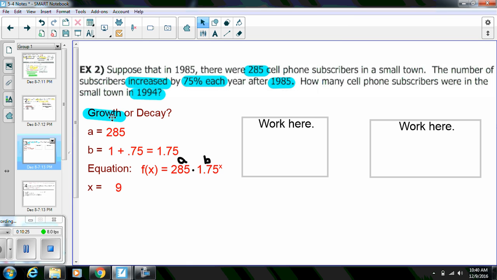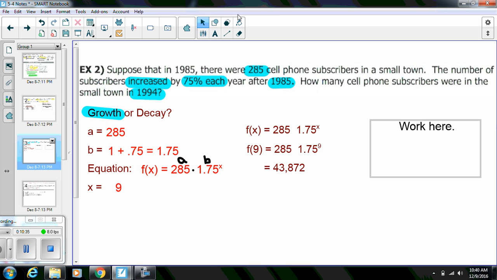Okay. So with that being said, we are going to plug in. We have a missing variable of x, but we know x needs to be equal to 9. So I rewrite my equation. When I type this into my calculator, f of 9 is equal to 285 times 1.75 to the 9th power.